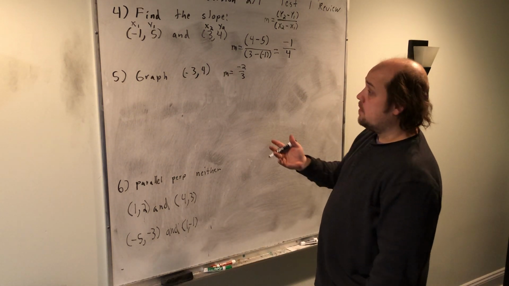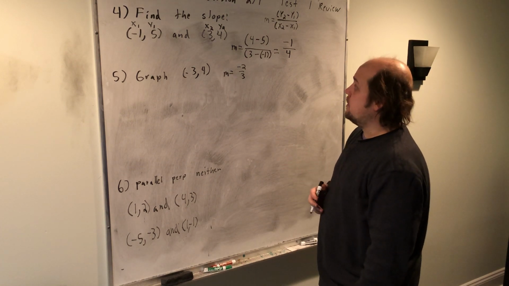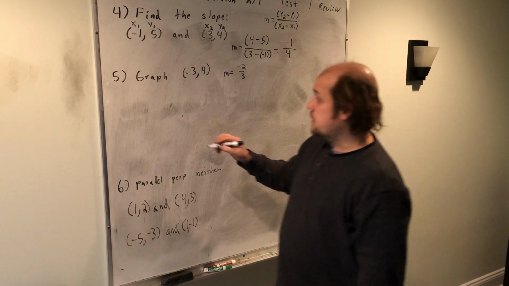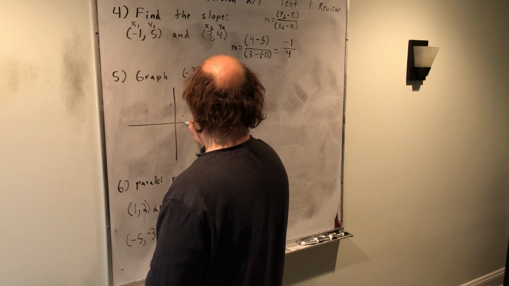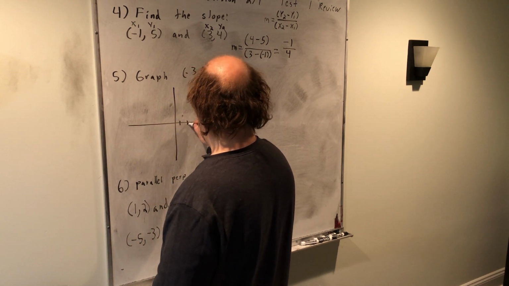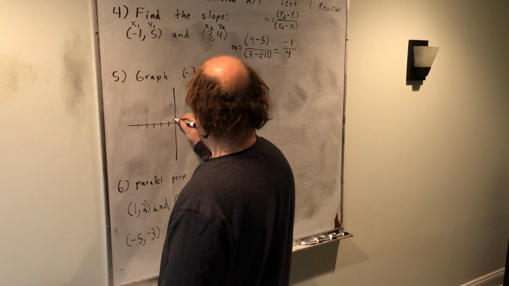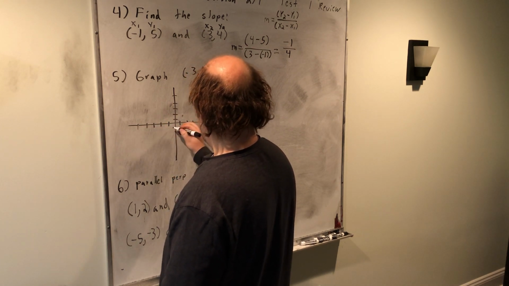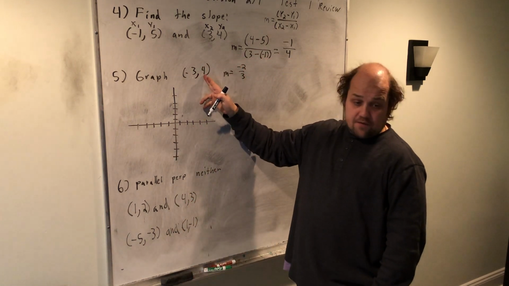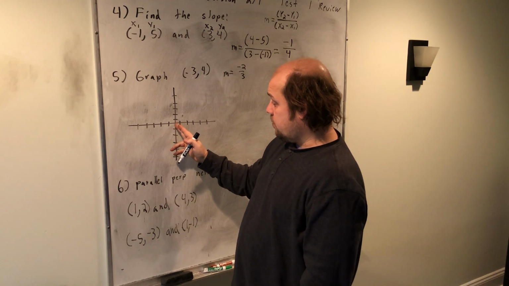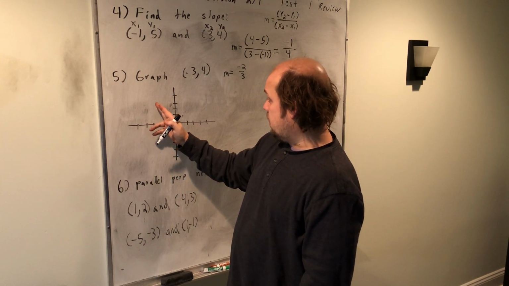All right. For number 5, it gives me a point and a slope that I need to graph. In order to do this, I'm going to start by making my grid lines. 1, 2, 3, 4. All right. -3, 4 means I start at 0, 0, go to the left, 1, 2, 3, go up, 1, 2, 3, 4.